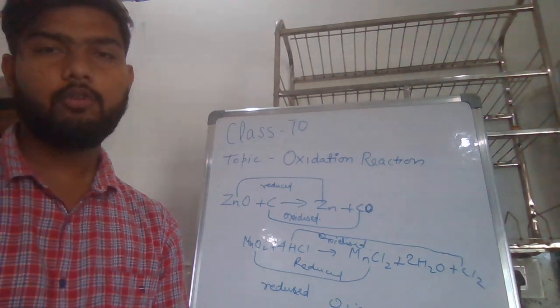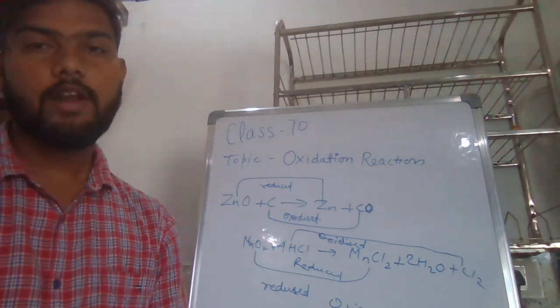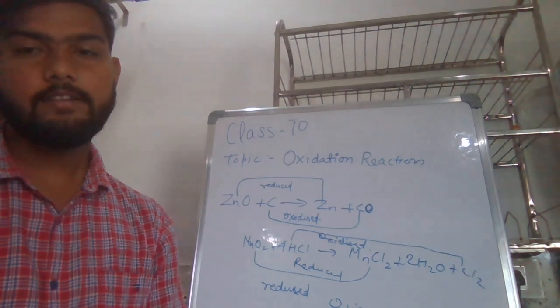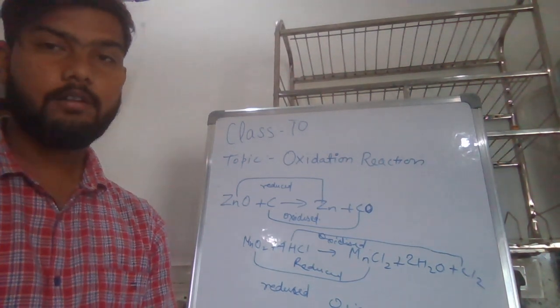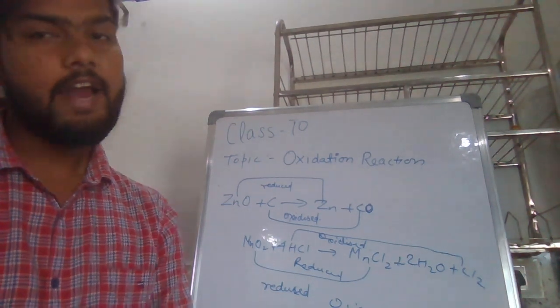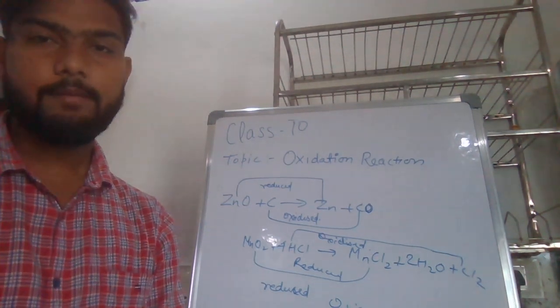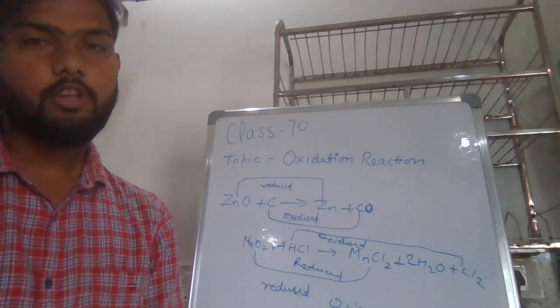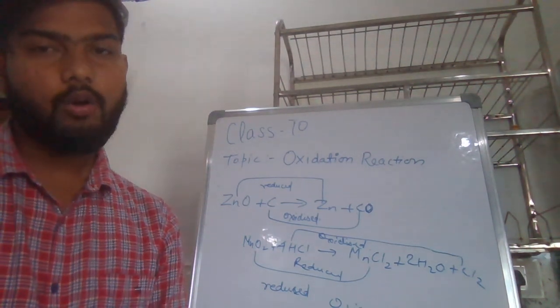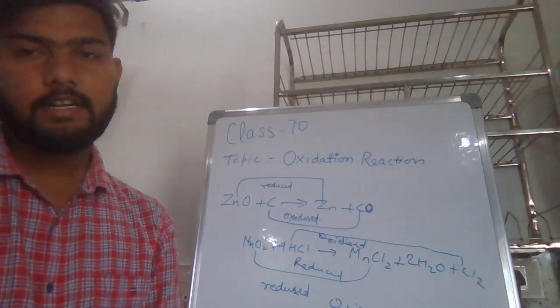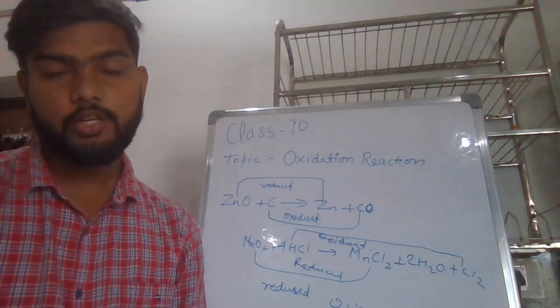So coming to the homework, here is homework for you: define redox and search out more example reactions related to it and note them down in a table. You have to identify the substance that is oxidized and the substance that is reduced in the following reactions.